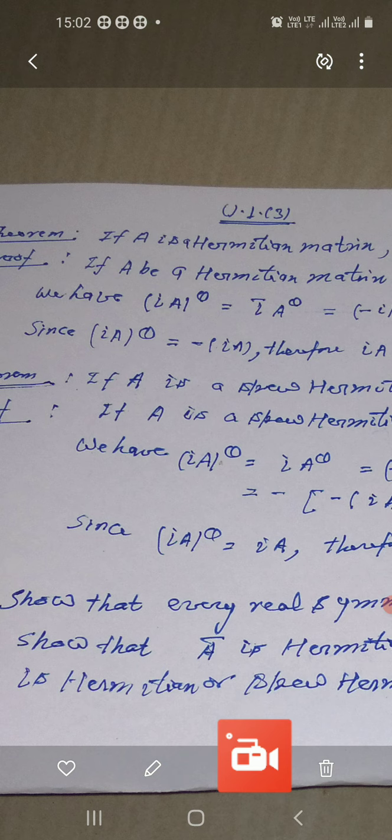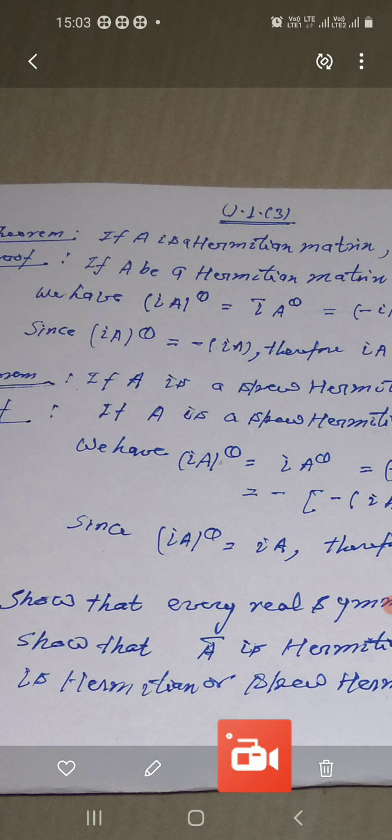If A is a skew Hermitian matrix, then A theta will be equal to minus A. Then we have (iA) to the power theta, and this is equal to minus i A theta, and this is equal to minus i times minus A, since A theta is equal to minus A. In skew Hermitian matrix, A theta is equal to minus A, and in Hermitian matrix A theta is equal to A. So this is equal to minus, in brackets, minus iA, and this is equal to iA.